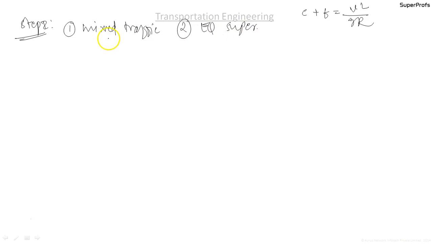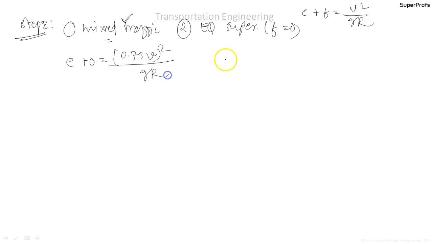Mixed traffic condition because we have to design for vehicles of varying speeds, and equilibrium super elevation because it is the most desired alignment in highway design. So our formula modifies to, with equilibrium super elevation meaning F equal to 0, E plus 0 equal to 0.75 times V square upon GR.